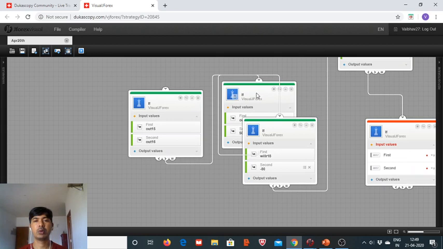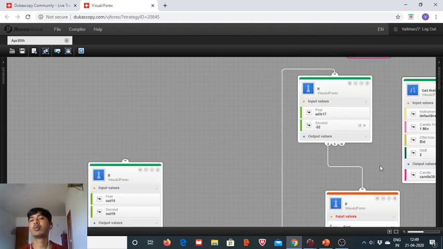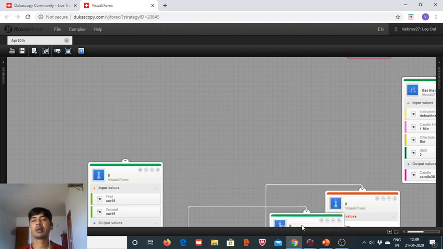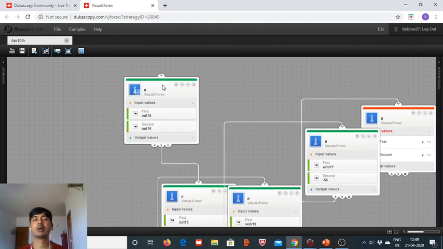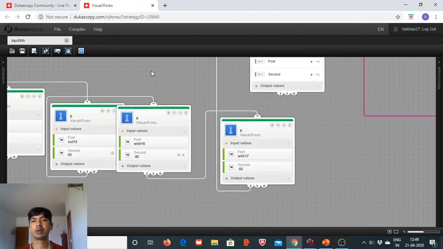So far so good. Let's connect this so that we don't mess up the combination.